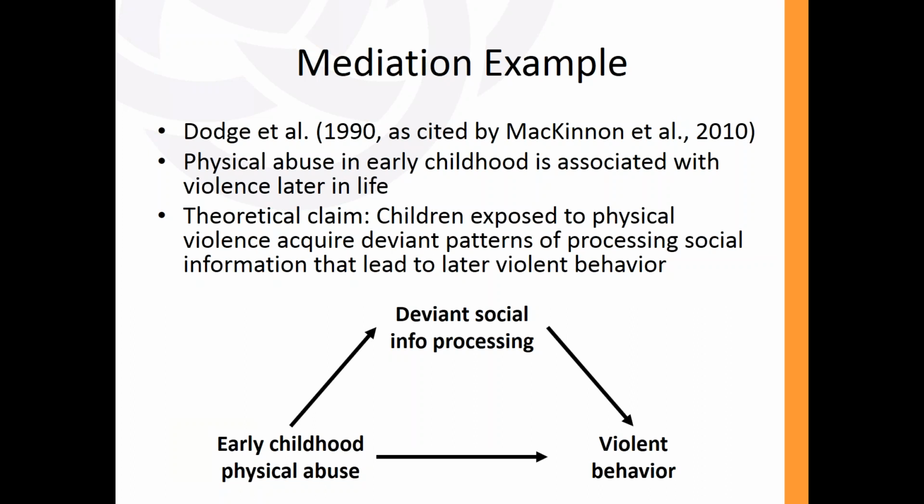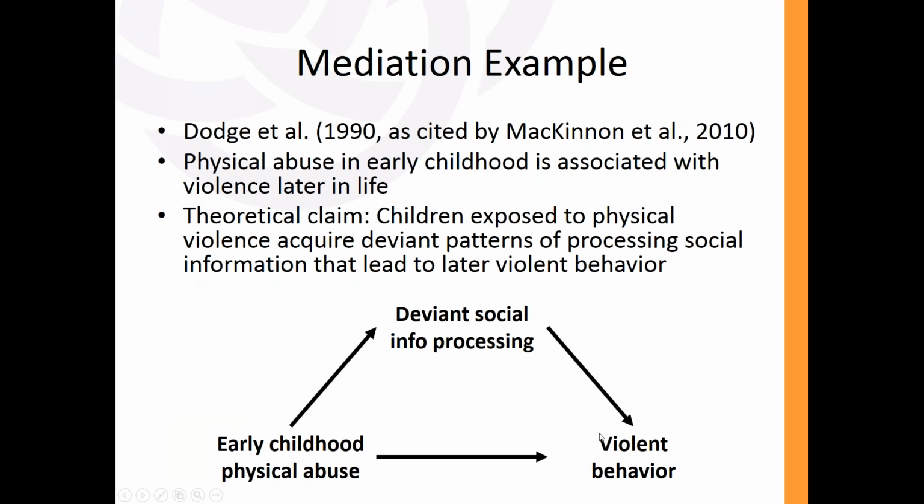Thank you. And yes, they have to be positively correlated, more or less. The way that works is, if you had two variables that are positively correlated with each other, so let's say early childhood physical abuse and violent behavior, the more of one you have, the more of the other you then have.